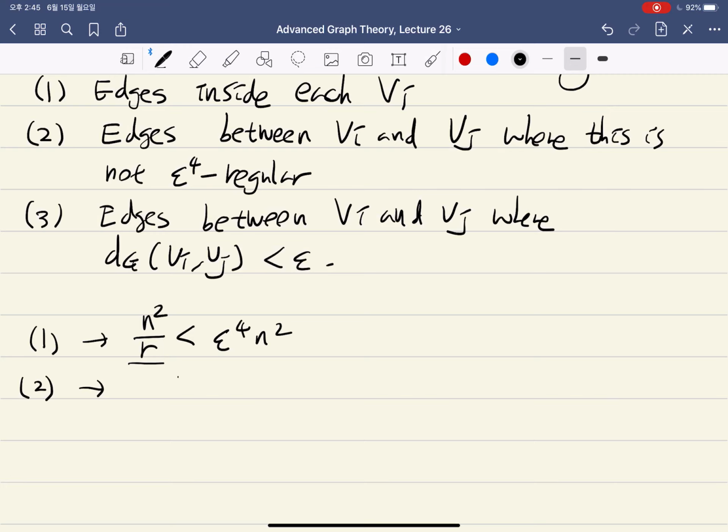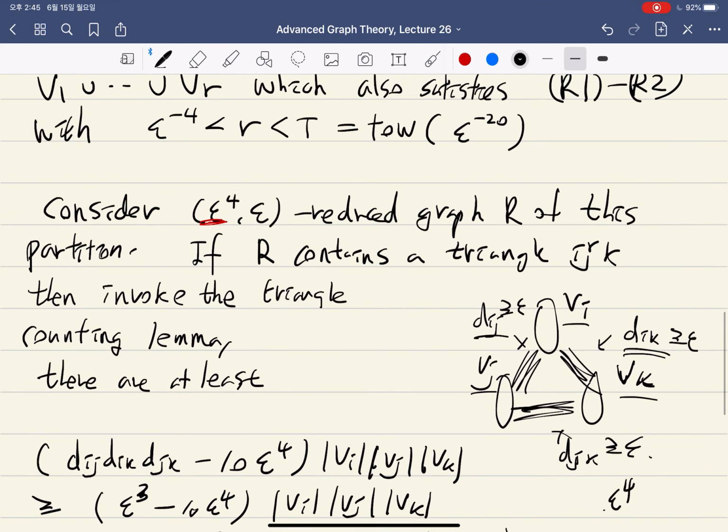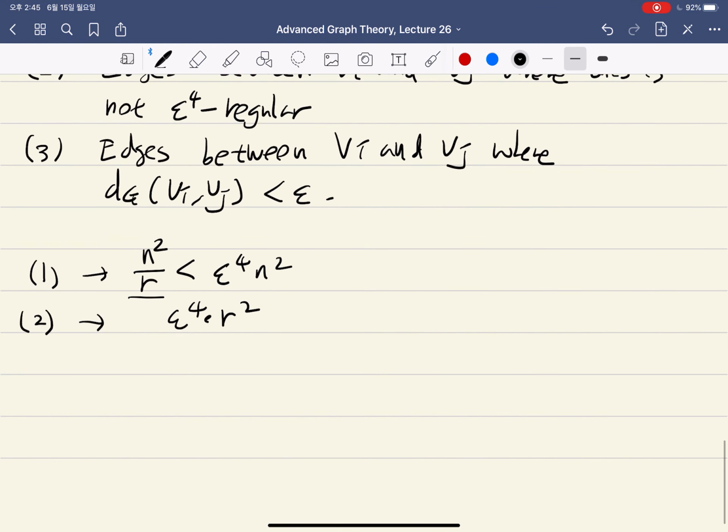We know at most epsilon to the 4 times R squared, since we invoke the regularity lemma with epsilon to the 4. So this many pairs are not regular, and each of them could have at most this many edges, because Pi and Pj both have size n over R plus or minus 1. So maybe you have to add 1 here, but this is not essential.